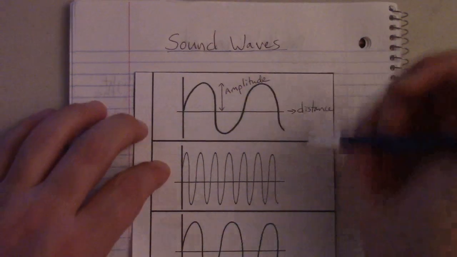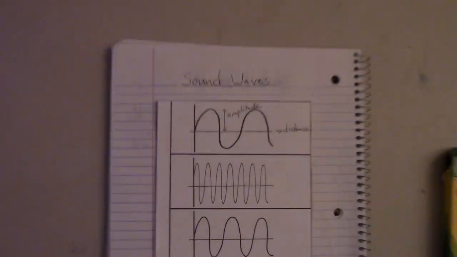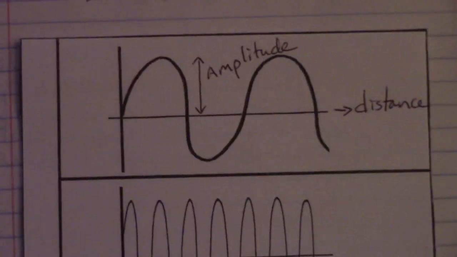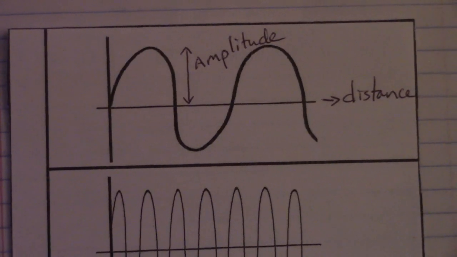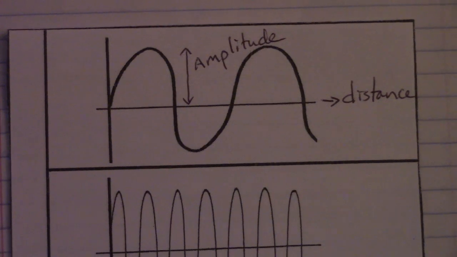Amplitude. I'm going to zoom in for you guys there. This is just the first one you can see, but it applies to all of those. We are talking about sound waves today, but this also applies to light waves. It also applies to those ocean waves. Any type of wave, we use the same terminology, the same words in science.